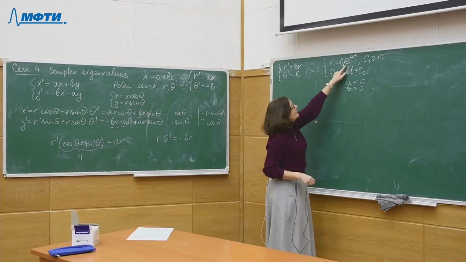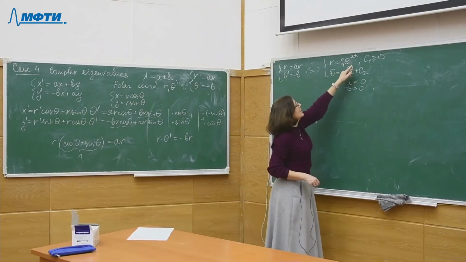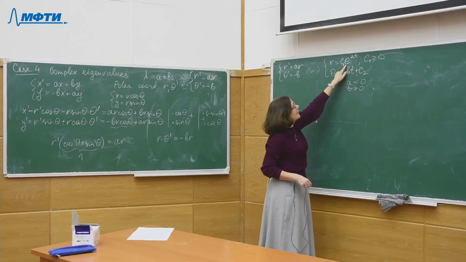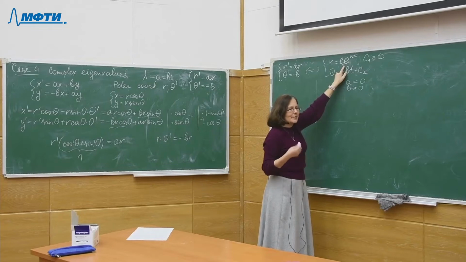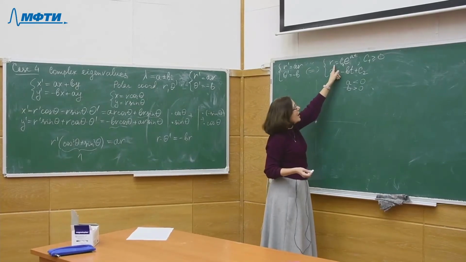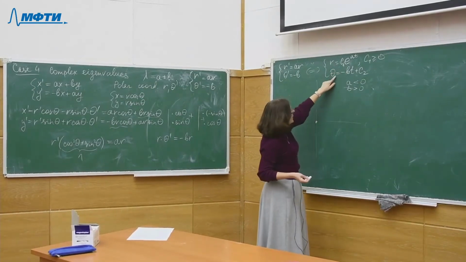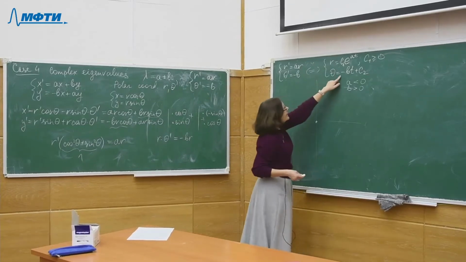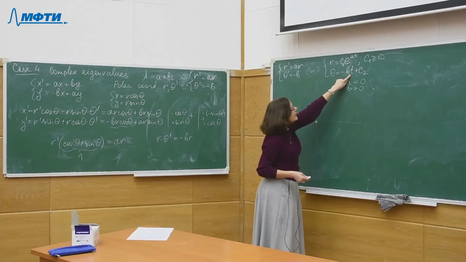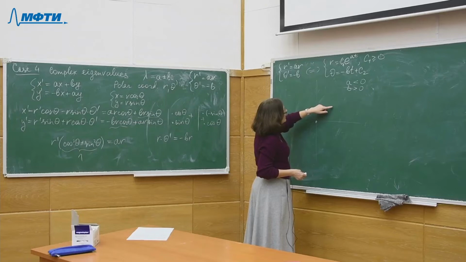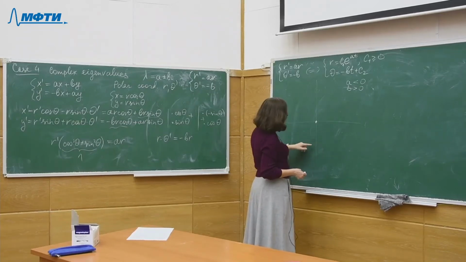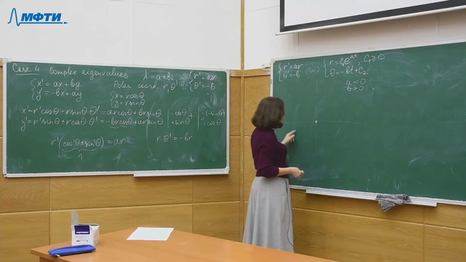This is exponential decreasing, right? So r approaches 0, and what about theta? Minus bt. Since b is positive, theta is negative, so it moves clockwise, right?